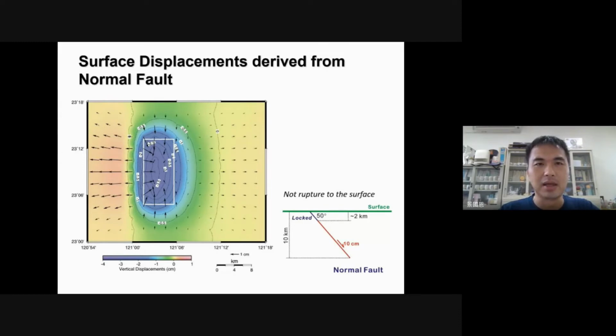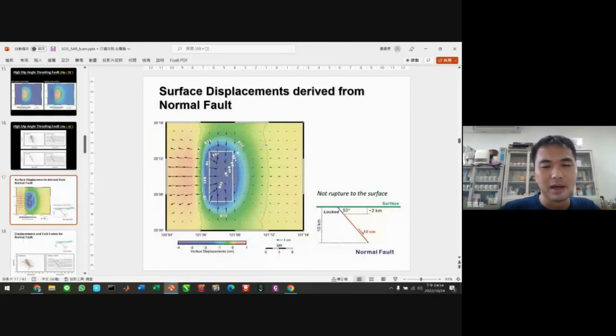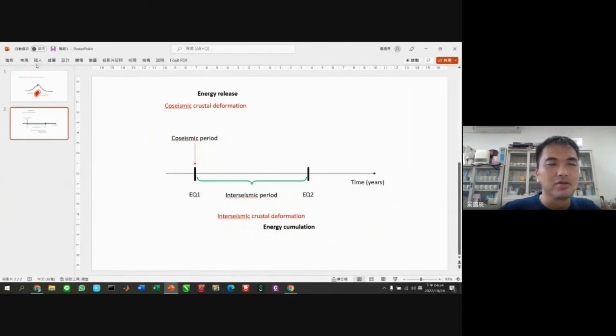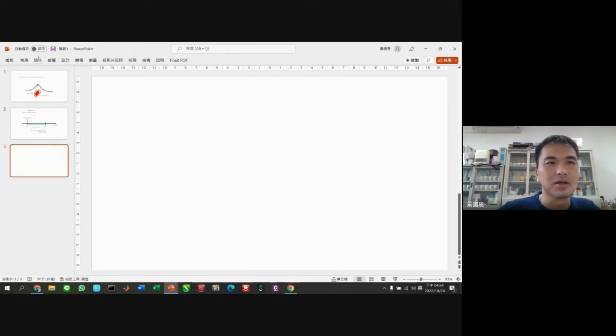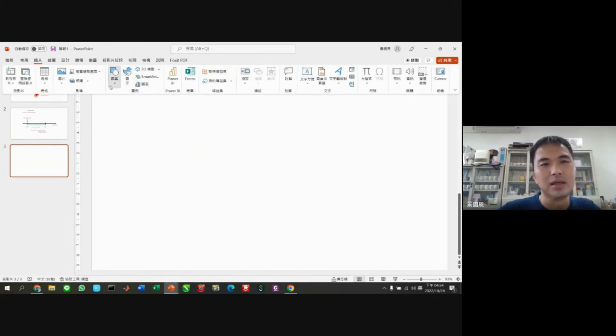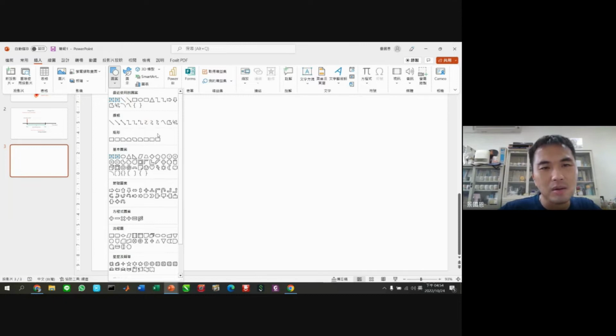And this is the surface displacement caused by the normal fault. Because this is the case of an earthquake, if you learned geology, then geologists will tell you what a normal fault is.